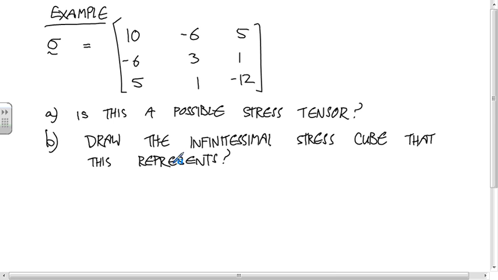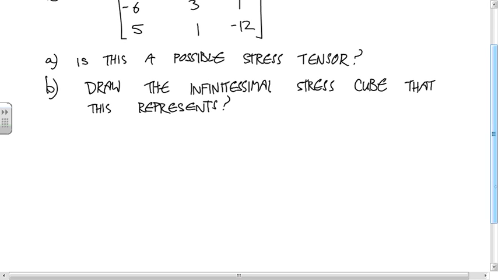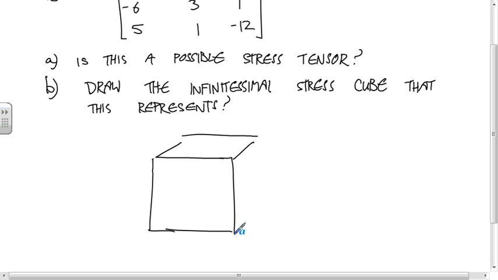Anybody want more time to think about it? Less time? Okay, so it's a cube. You probably all figured out that part. And this tensor has a relationship with a coordinate system.